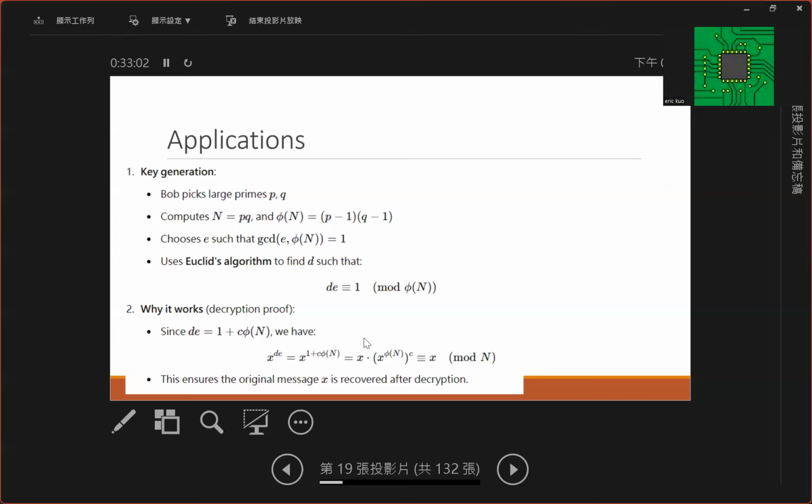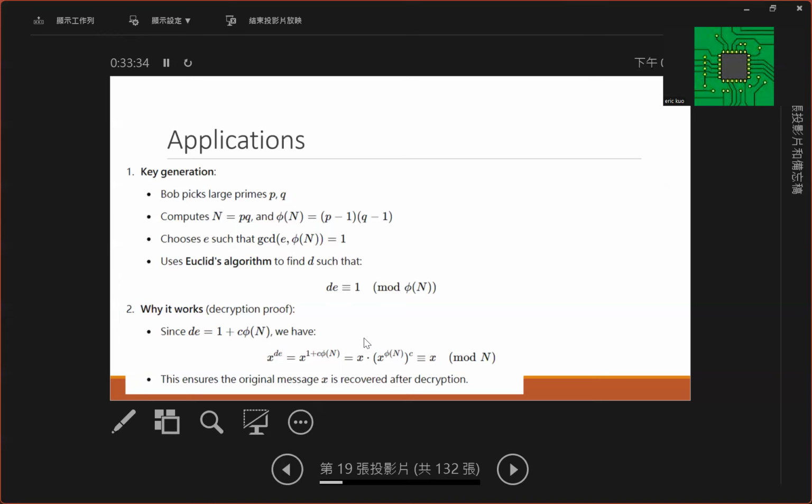Then by the previous algorithm, Bob can find d such that d times e equals 1 mod phi of n. Remember this algorithm. Because e and phi of n have GCD 1, there exist d and f such that de minus f times phi of n is 1, by the previous algorithm.